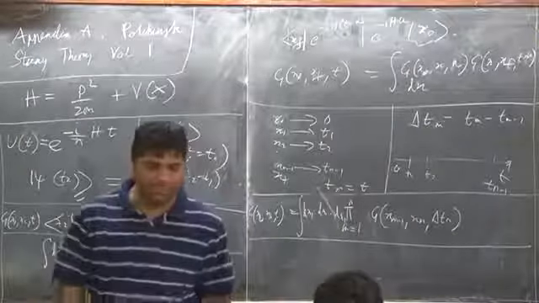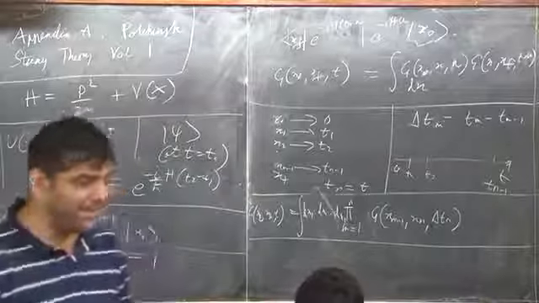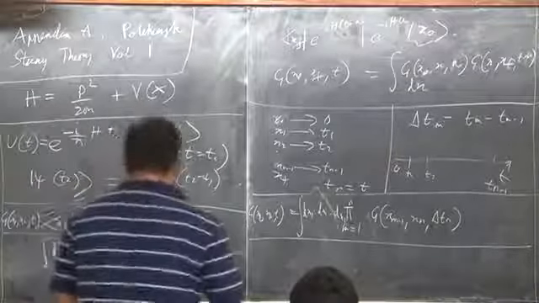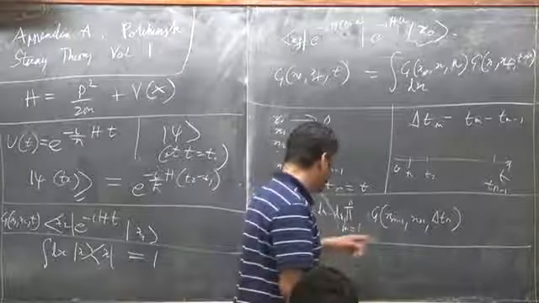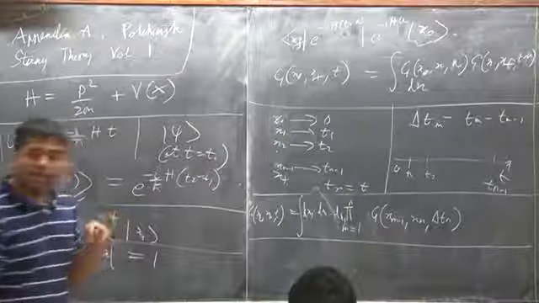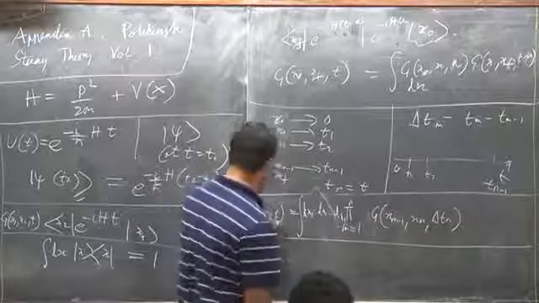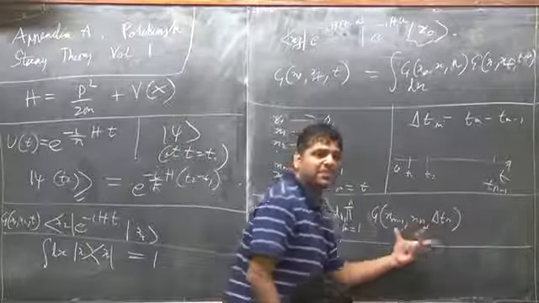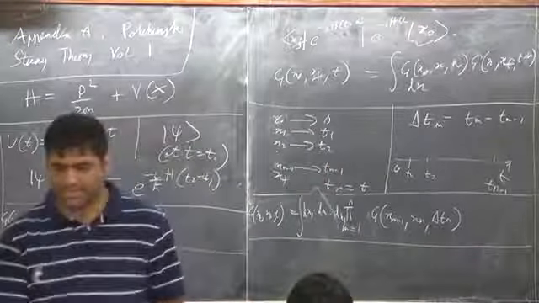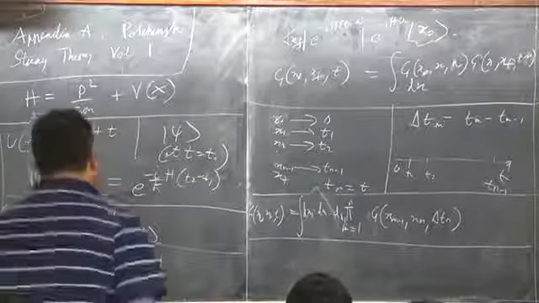And Feynman's main insight, following up on an observation by Dirac, was that when this thing is infinitesimal, each of these infinitesimal pieces is rather easy to compute. So let's go ahead and compute.